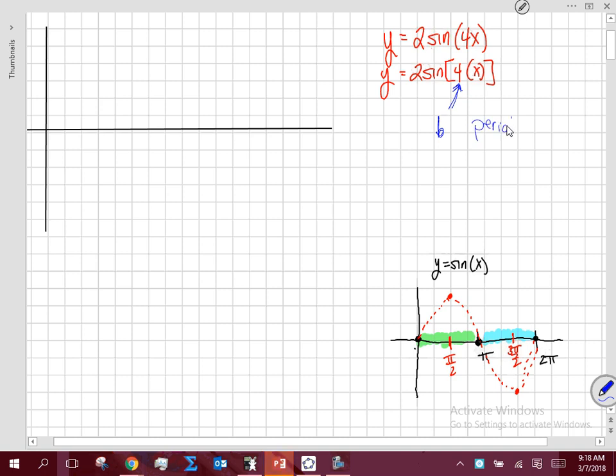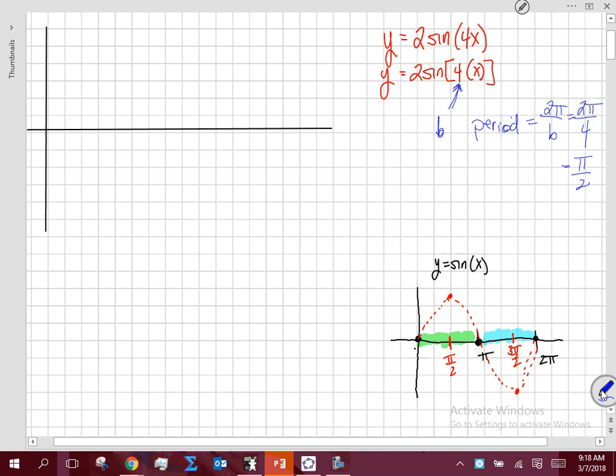The period of any sine curve or cosine curve is 2 pi divided by that b. So right now it's 2 pi divided by 4, which ends up being pi over 2, right? Okay. So what does that tell us? It tells us that this graph down here is going to occur between 0 and pi over 2 now.